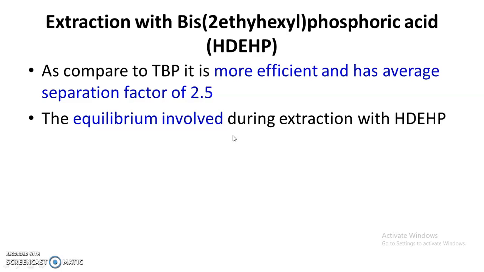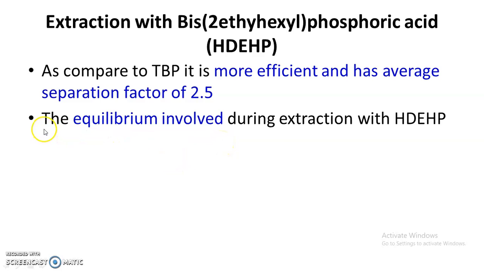In the solvent phase, or complex ion phase, the lanthanide ions are automatically extracted. That phase is separated by using a separating funnel, and the solvent is evaporated or removed by a simple method, and we get pure lanthanides.